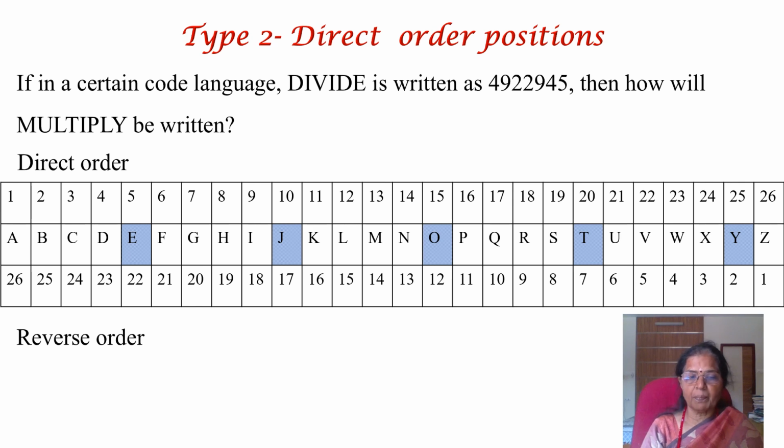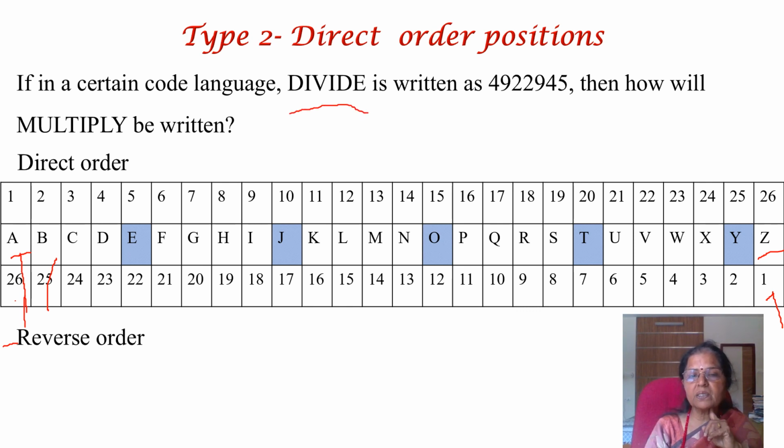Write the alphabet A to Z and give the numbers 1, 2, 3, 4 up to 26 as the direct order position, and below it the reverse order position: Z takes 1 and A takes 26. Remember the clue: adding the direct order number and the reverse order number gives 27.